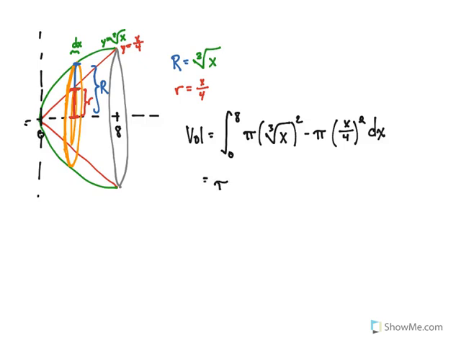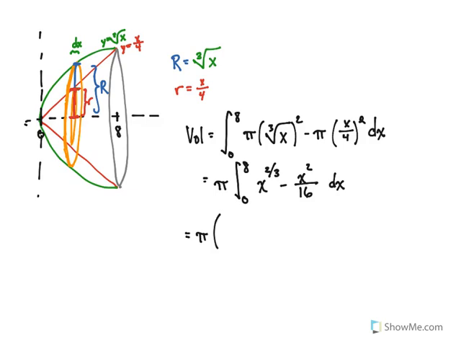We could take out a pi out in front. It's a constant. And this will give us cubed root of x squared is going to be x to the 2/3 power minus x squared over 16, x over 4 squared, dx.